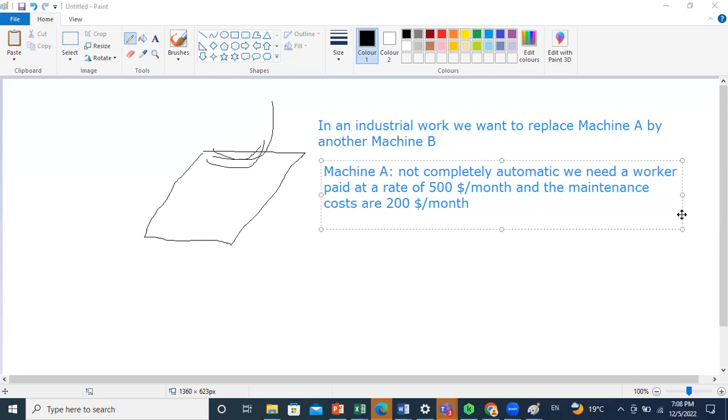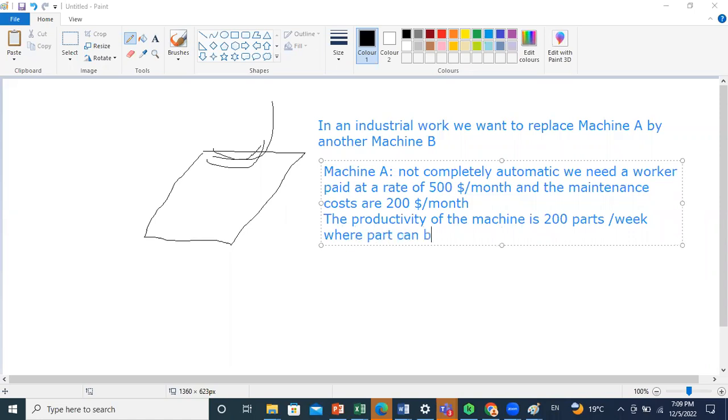The productivity of this machine is 2,000 parts per week, where each part can be sold at $5.